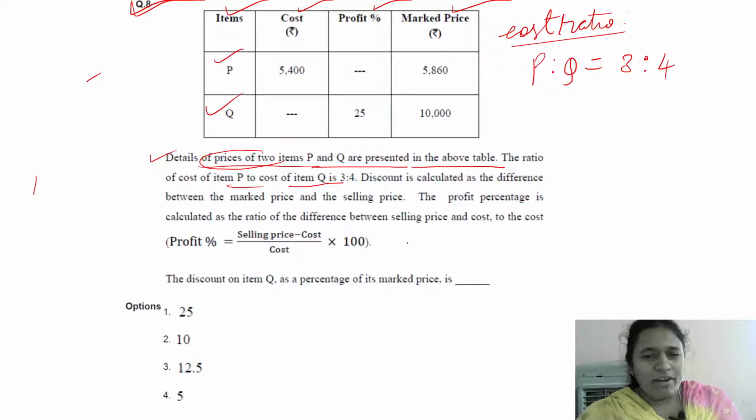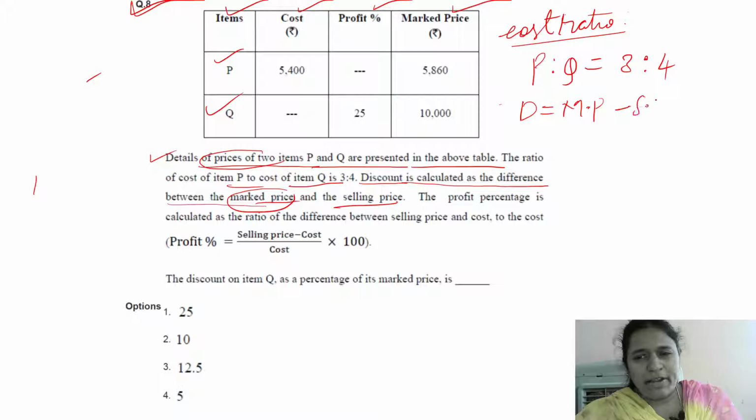Next, whatever is given in the question, first we will try to analyze it, then we will see how to solve it. The given discount is calculated as the difference between market price and selling price. Market price minus selling price, we will get the discount. The profit percentage is calculated as the ratio of the difference between selling price and cost to the cost.